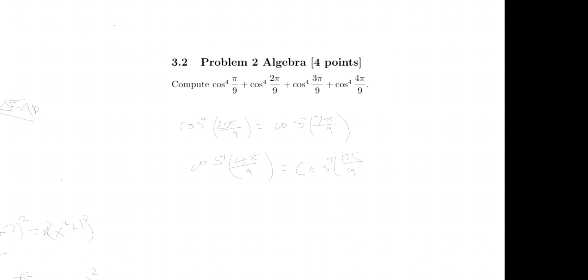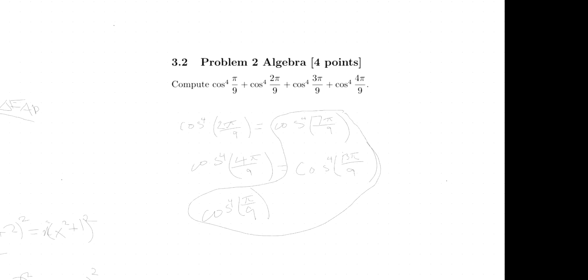And we can just leave cosine to the 4th pi over 9 as it is for now. So from these 3, we see that these have a pattern to them. You see that the difference of the angles is just 6 pi over 9, which can be simplified into 2 pi over 3, which is the period of cosine 3 theta.